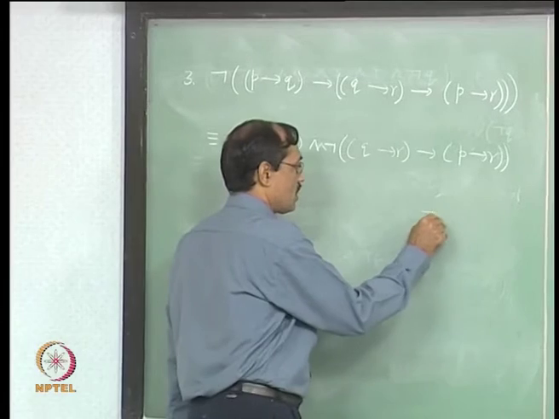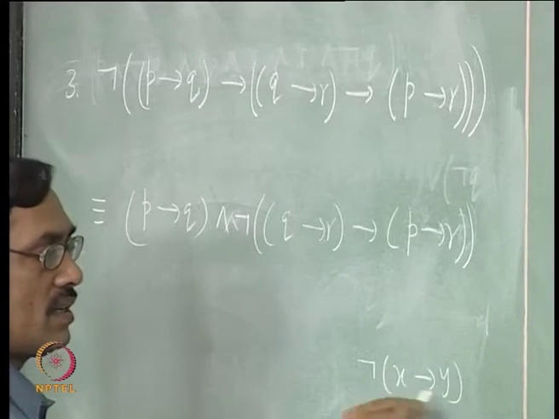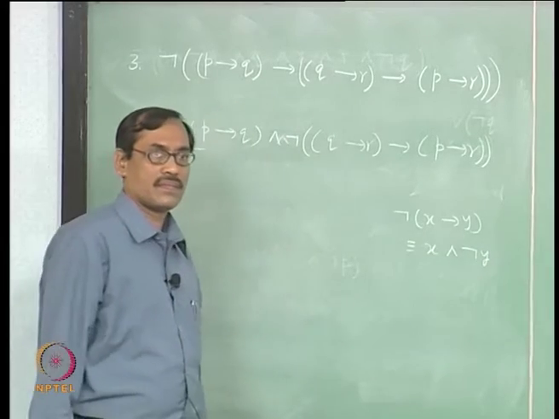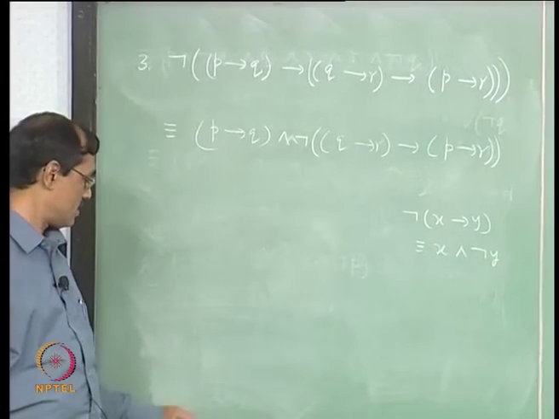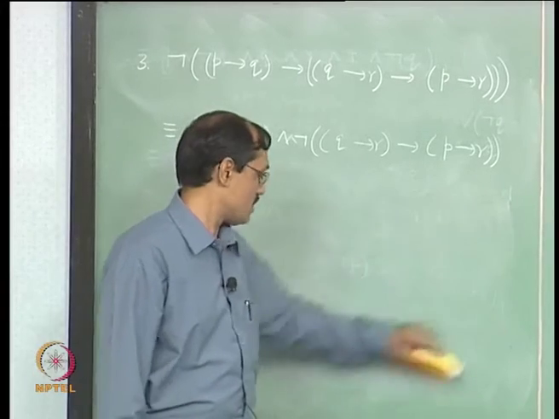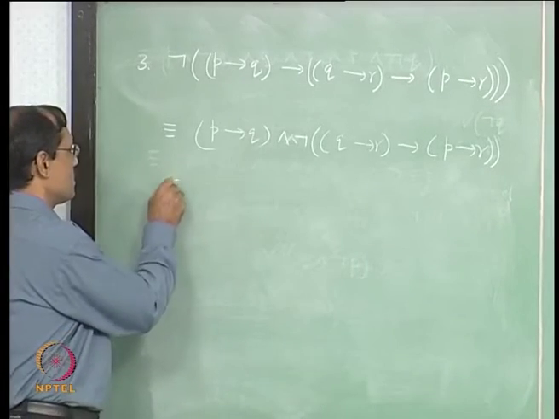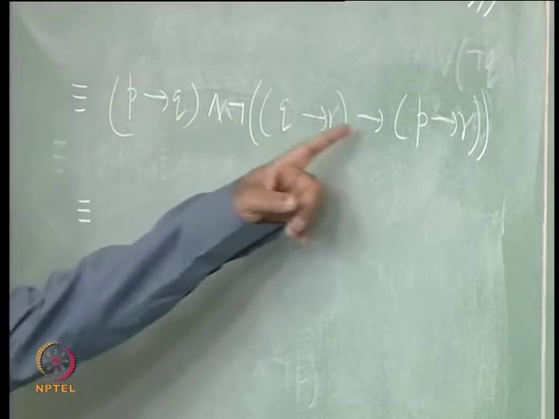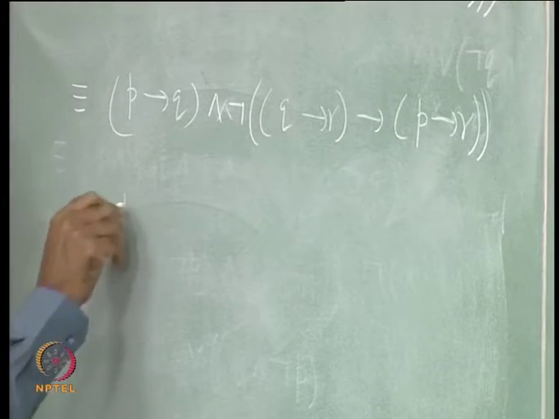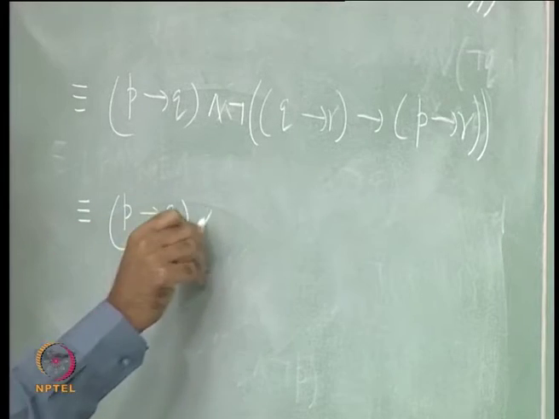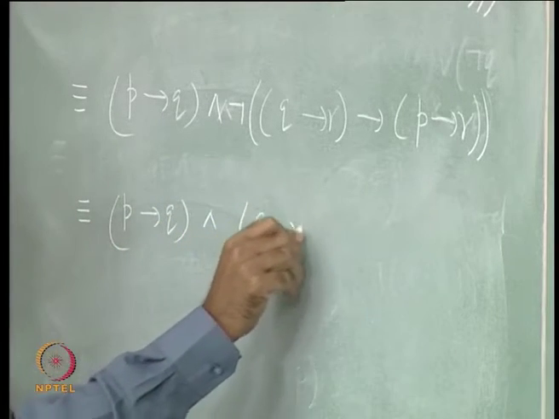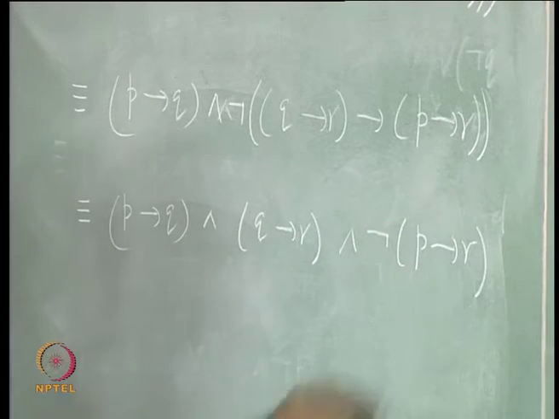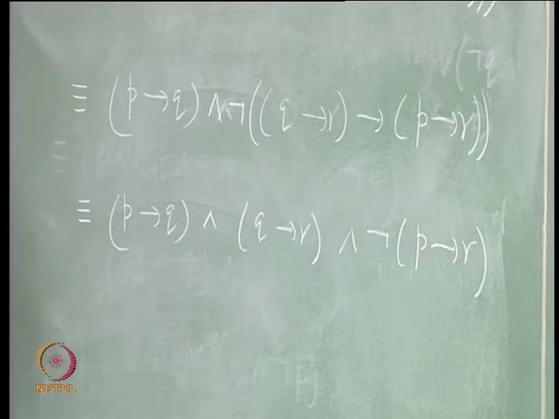What we are doing is not of x implies y is equivalent to x and not y. Fine. All right. Next, what should we see? Negation again. So, I say P implies Q and Q implies R and not of P implies R. Once more.